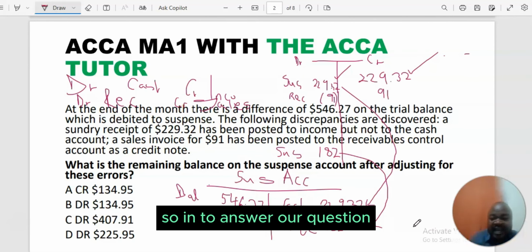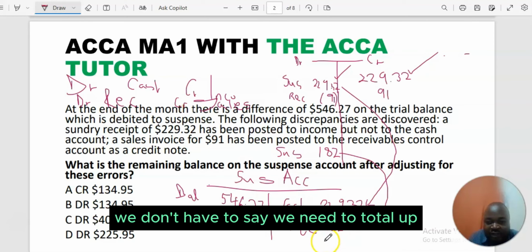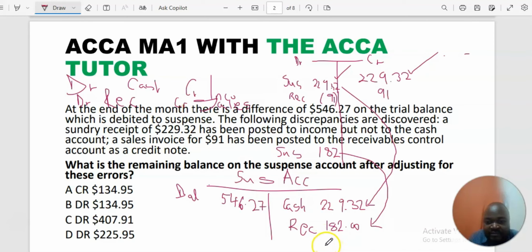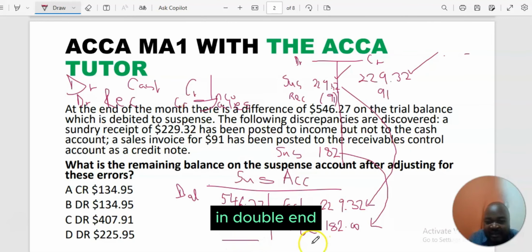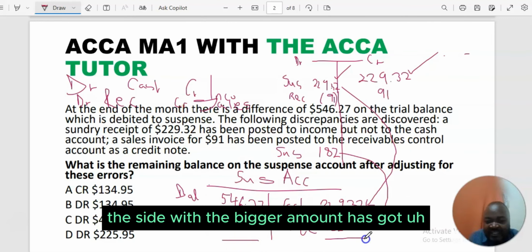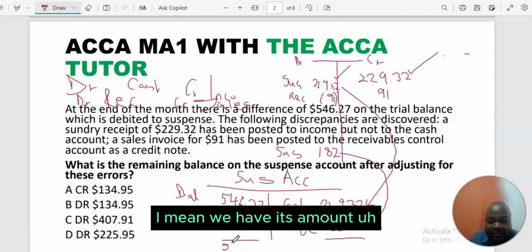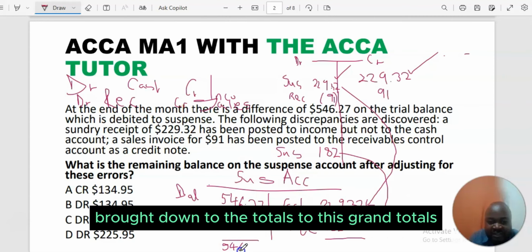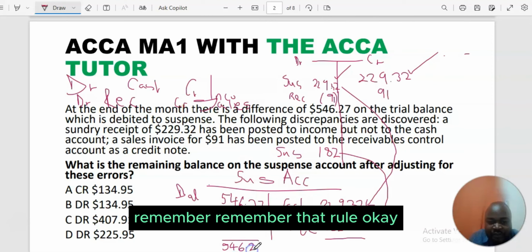So, to answer our question, we then have to say we need to total up. Remember, in double entry, the side with the bigger amount has its amount brought down to the totals, to these grand totals. Remember that rule.